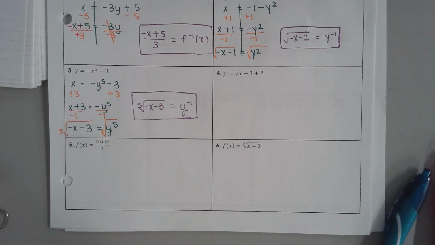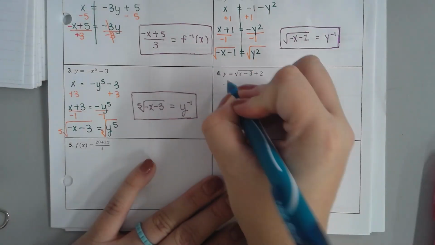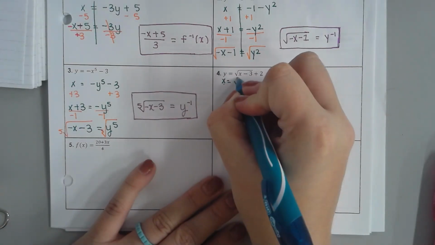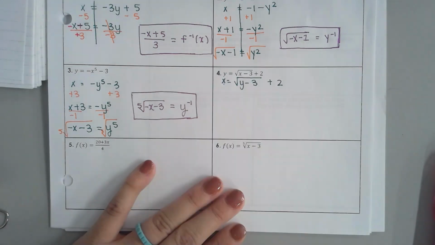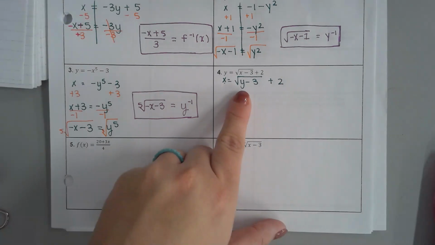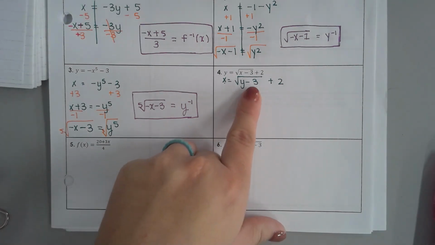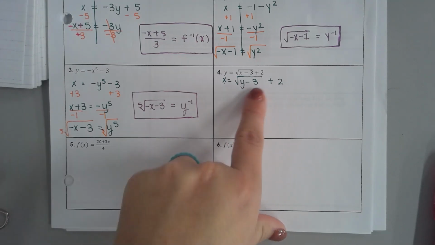Number 4, let's switch the x and the y. So this one, we have the square root of y minus 3, and then plus 2 is on the outside. You can't combine those at all.